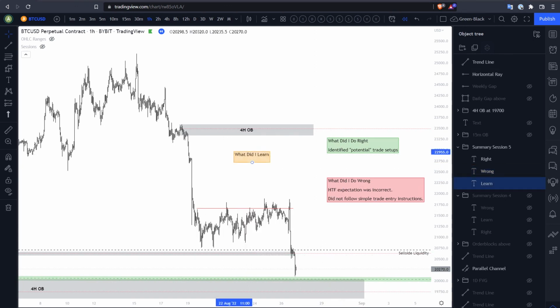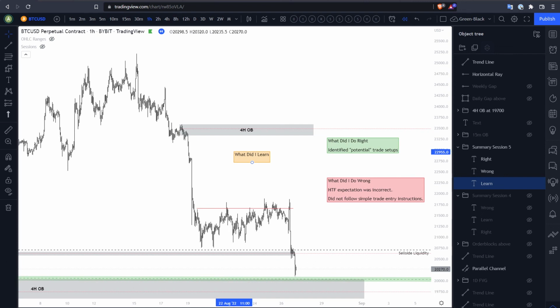So what did I learn? After watching ICT videos for a few weeks now, clearly seeing the same pattern being explained and presented with examples and with graphics, I still am rather moved by my old habits and my old emotional response to the price action. If the price is low, I want to enter a long just because it's low. Or if the price is high, I want to enter a short just because it's high.